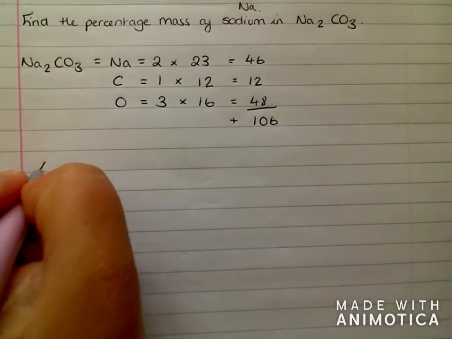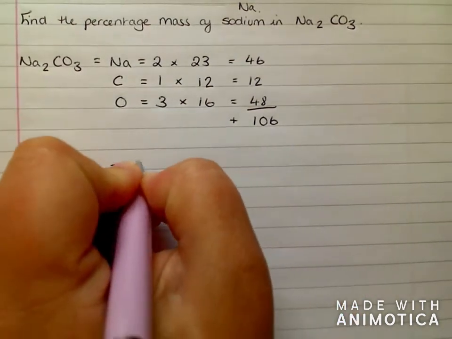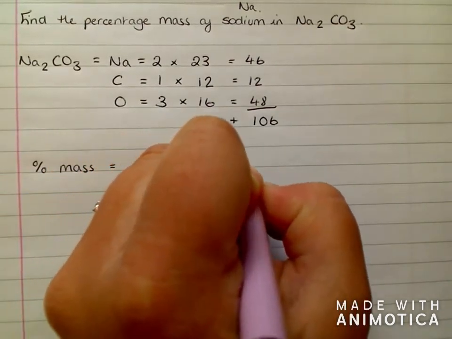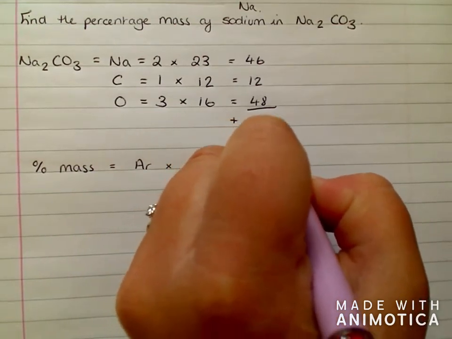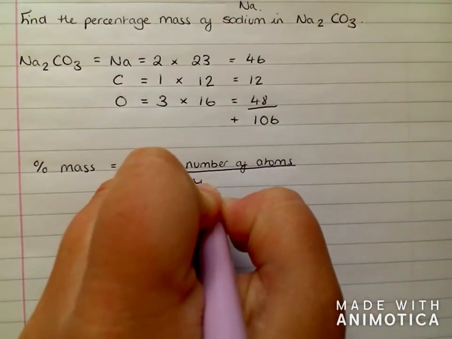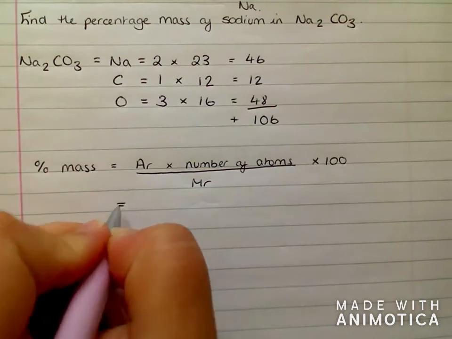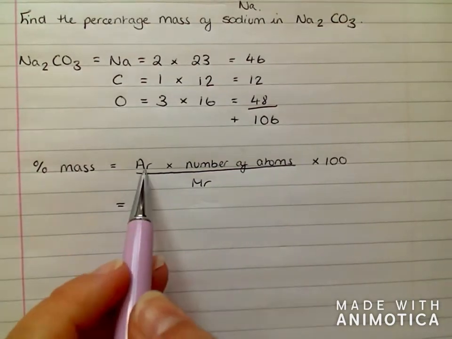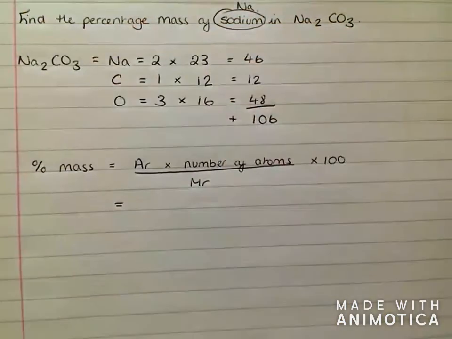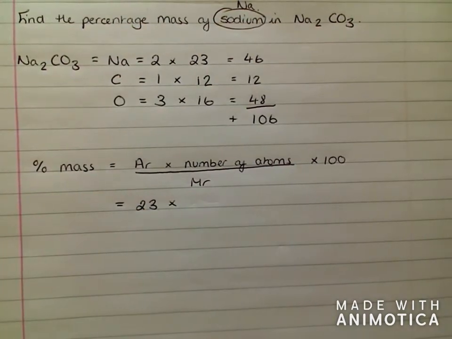So percentage mass equals AR times number of atoms divided by MR times 100. So my AR is going to be my top number of, remember I'm being asked to work out sodium. So the top number of sodium is 23 times the number of atoms.